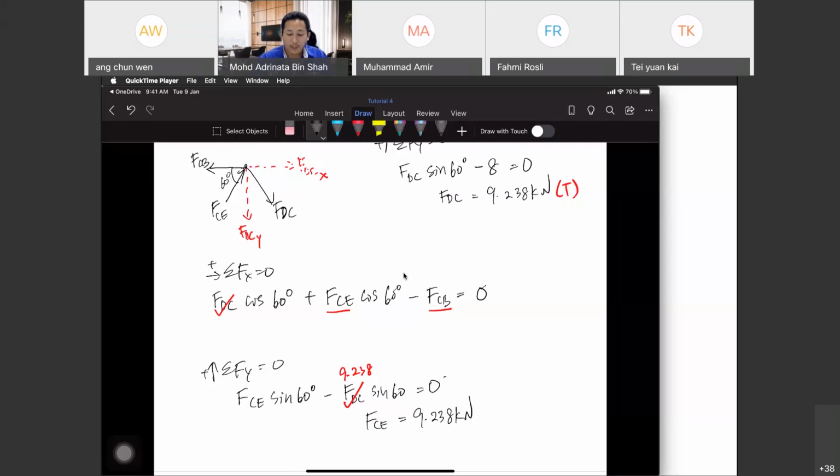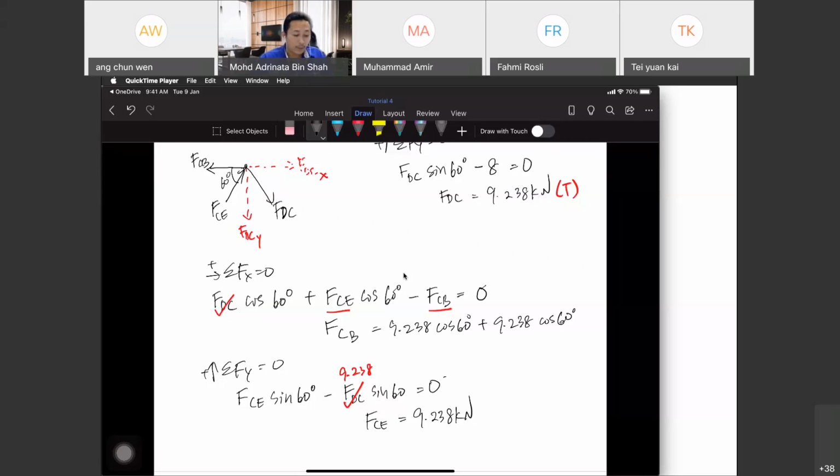And we can use our FCE in the first equation, and we can solve our FCB is equals to 9.238 cosine 60 plus 9.238 cosine 60.